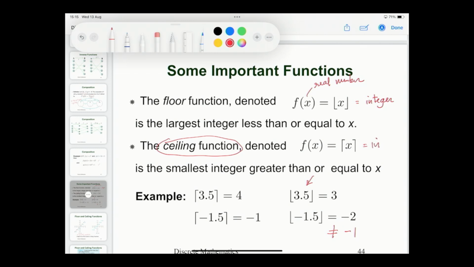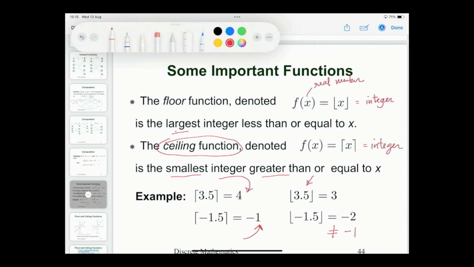The result is an integer again, but it is the smallest integer greater than or equal to x. So for the ceiling function here, the result is 4. And if we are dealing with a negative value, then it's this one.